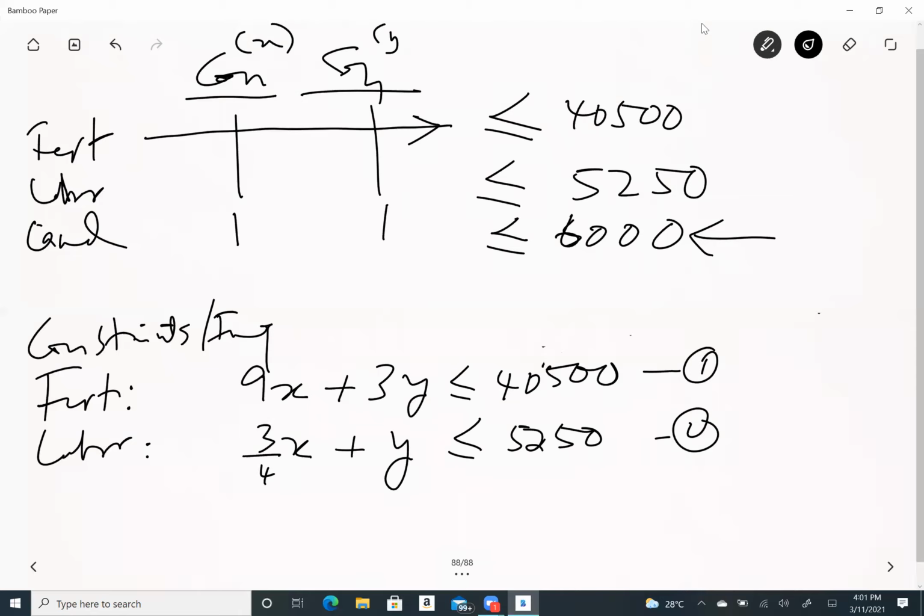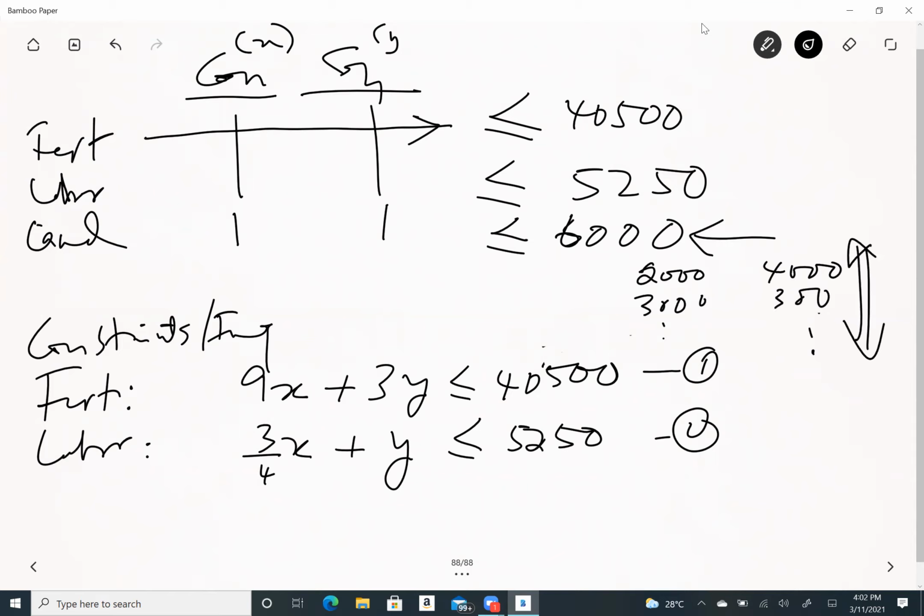So up to 6,000, I can grow 2,000 acres of corn, 4,000 acres of soybean. Or I can grow 3,000 and 3,000, or whatever the amount is. The distribution will be different, but the maximum amount will be 6,000.